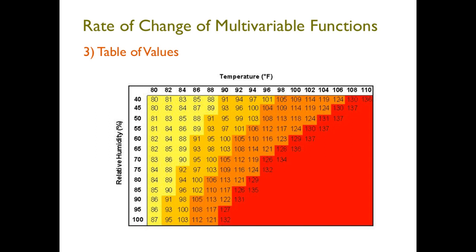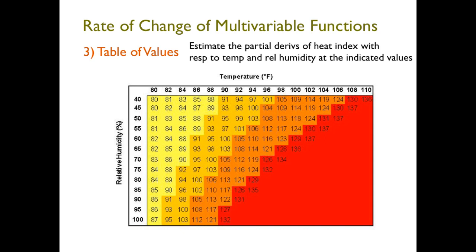So what would partial derivatives look like in terms of a table of values? Okay, so we're going to estimate the partial derivatives of heat index with respect to temperature and with respect to relative humidity at the indicated values. So we'll start with when the temperature is 90 and the relative humidity is 45. So let's get our function notation here.